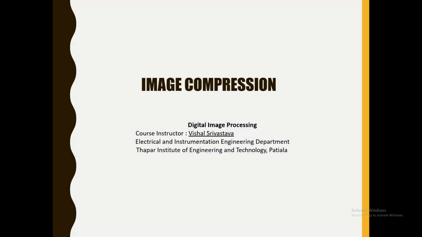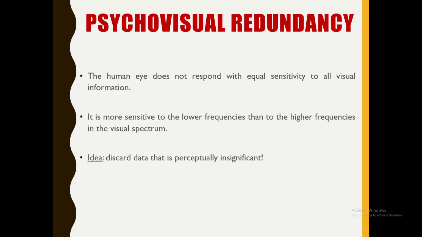So today we are going to learn another technique in image compression, that is psychovisual redundancy. A human eye does not respond with equal sensitivity to all the visual information. Certain information simply has less importance than other information in normal visual processing.